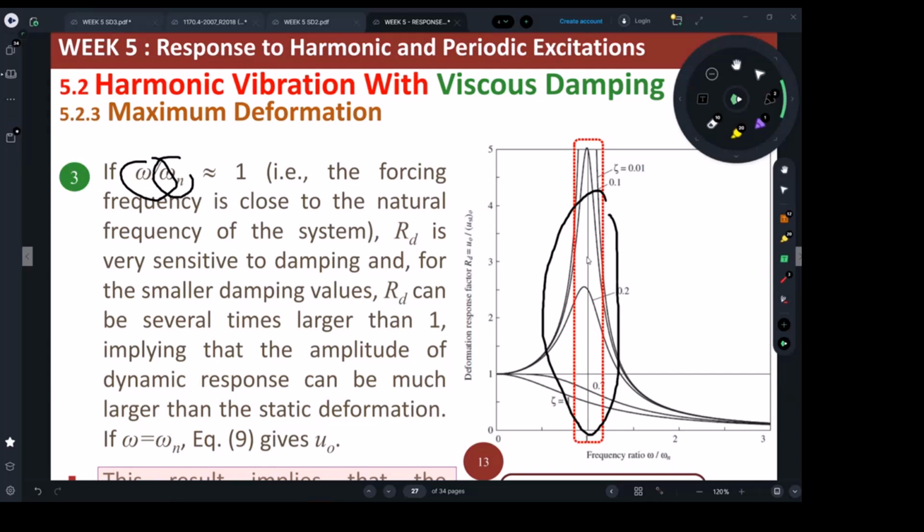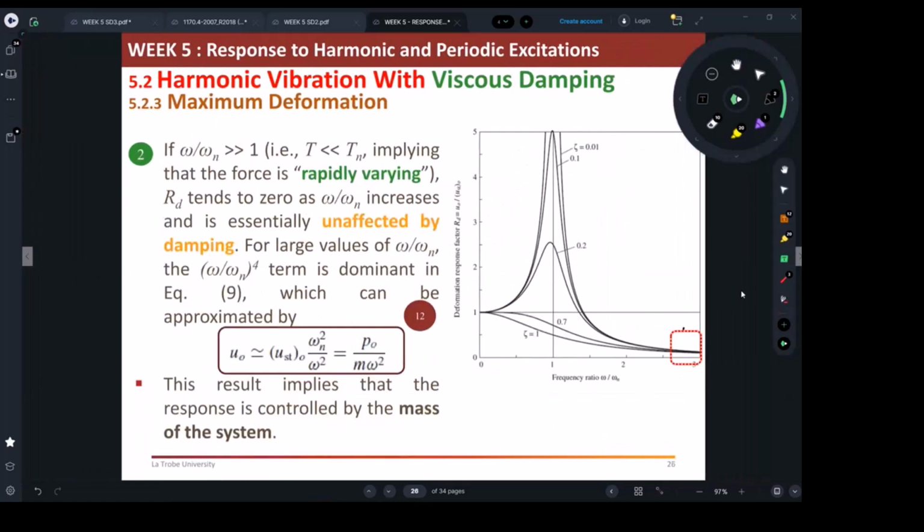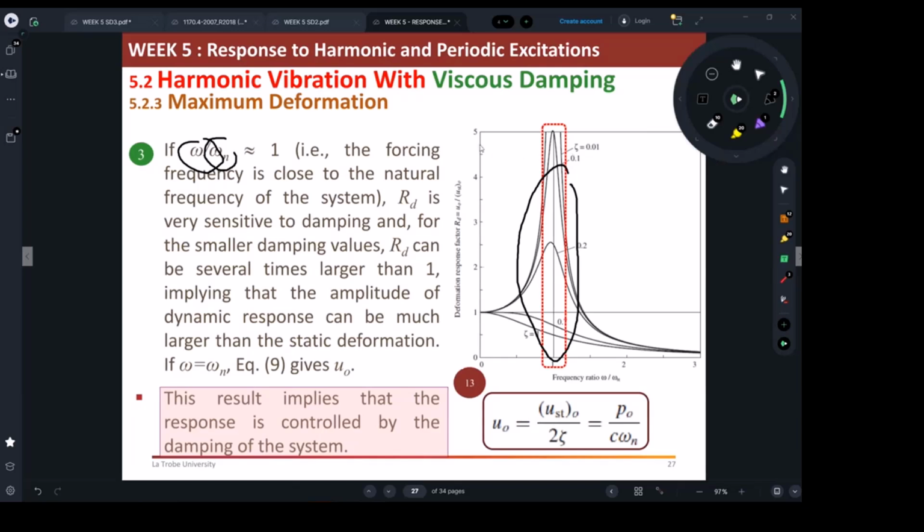A building is stiff, it's really large, and the properties of concrete can help making the system somewhere here. So it doesn't matter. So no impact, no resonance. And eventually your RD is going to be small. That's the good thing. It's only when you have resonance that your RD can go very high, and that's the problem.